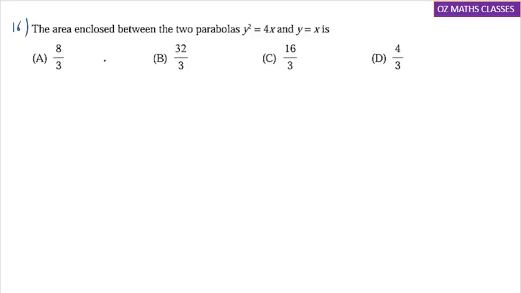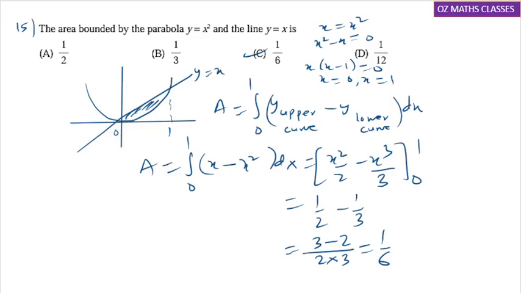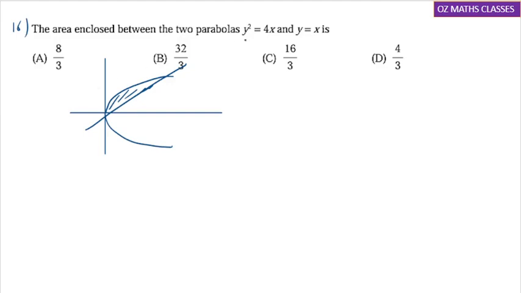Both are not parabolas; actually only one parabola is there. y square equal to 4ax and the line y equal to x. So we have to find the area between these two. This is the same. Here it was x square equal to y, and here it is y square equal to 4x.